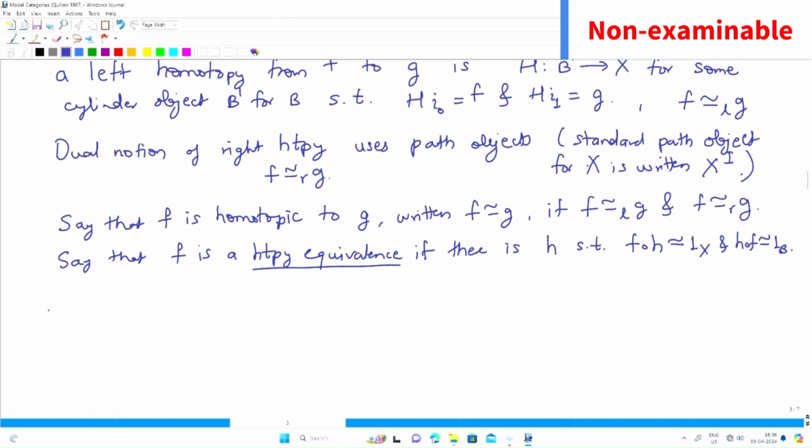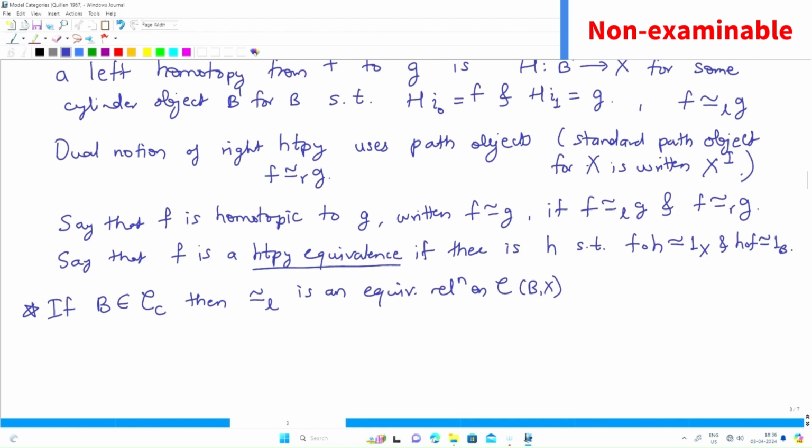So if B is a cofibrant object, then left homotopy is an equivalence relation on the maps from B to X. Then you can write the dual version as well.